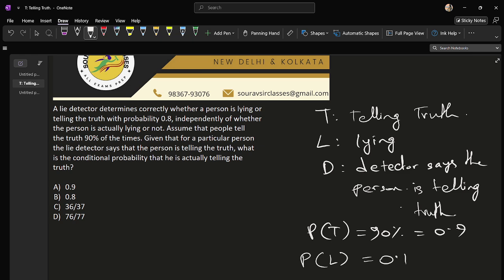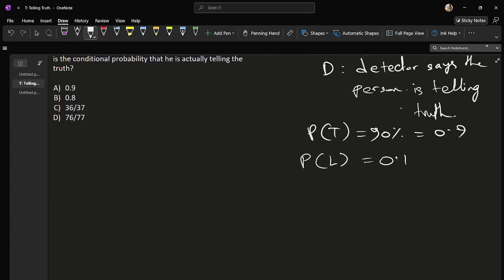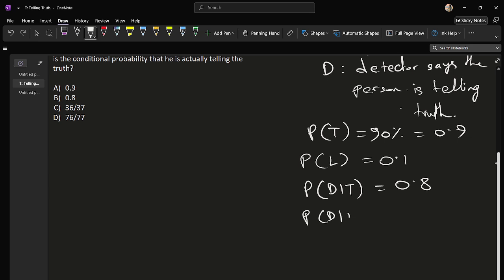Now P(D given T) means the lie detector correctly identifies truth telling with probability 0.8, so that is 0.8, and P(D given L) equals 0.2.